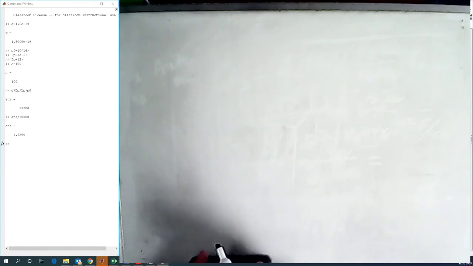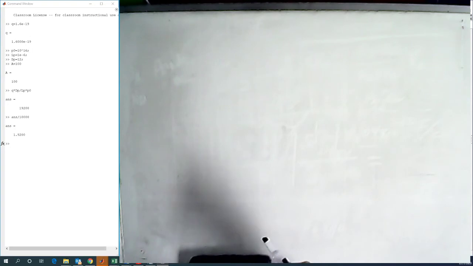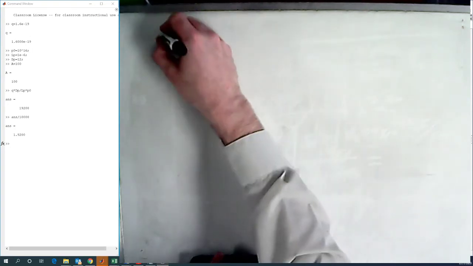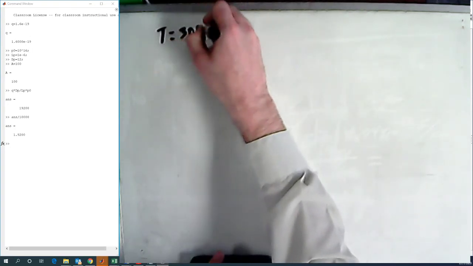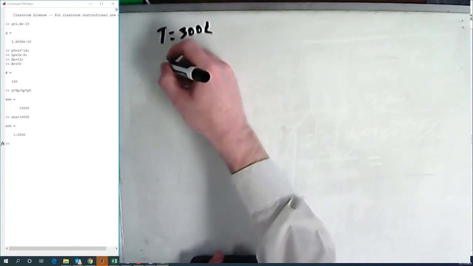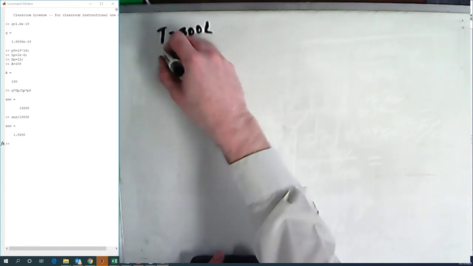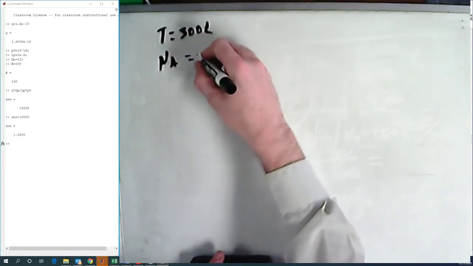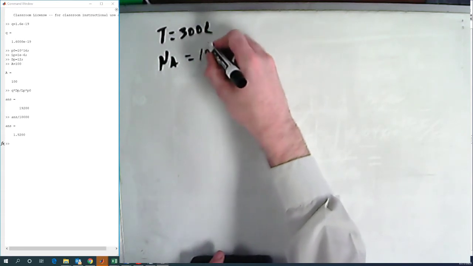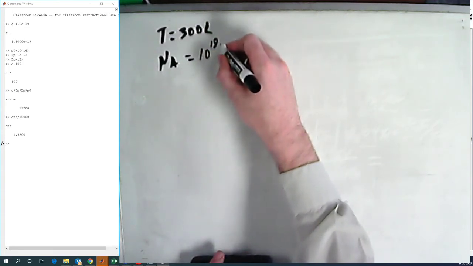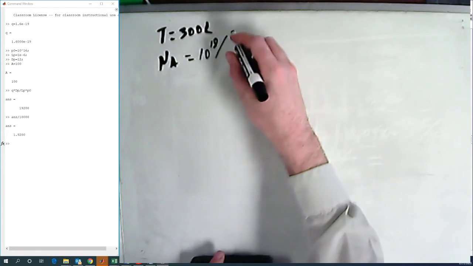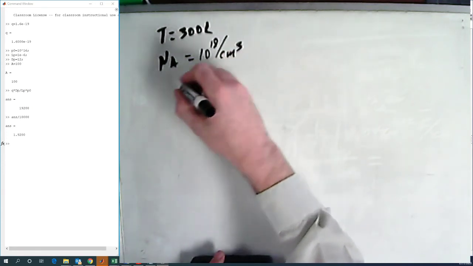And so they said we have a p-n junction. It's in equilibrium. We have T equal to 300 K. We have NA on one side equal to 10^18 per centimeter cubed.